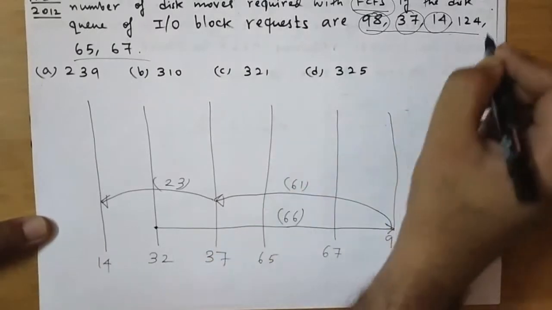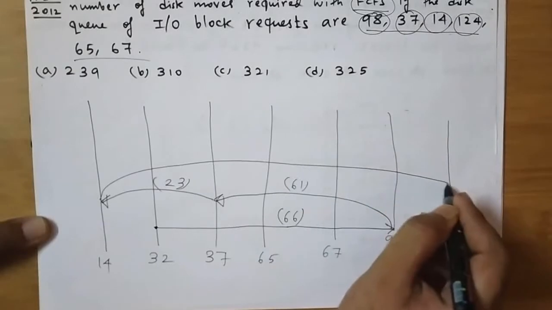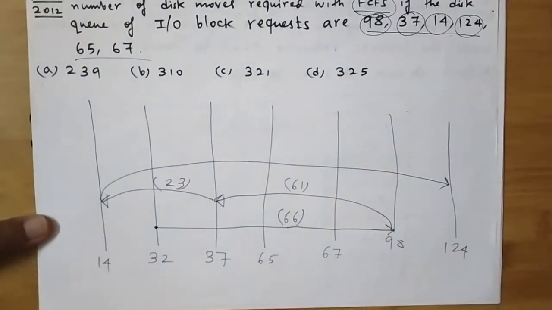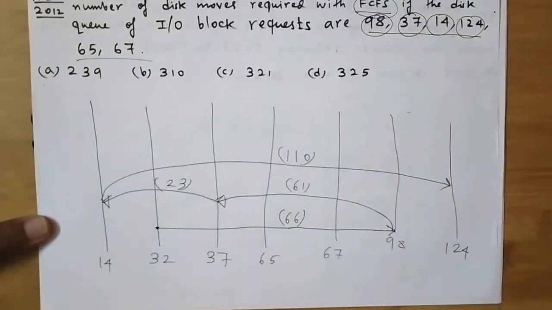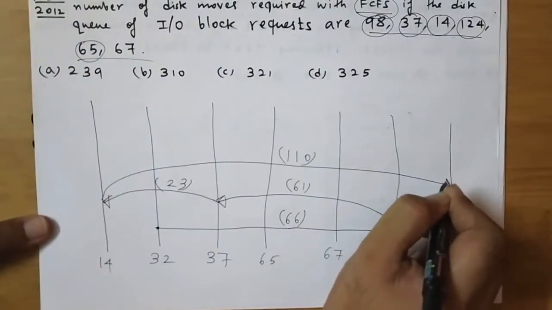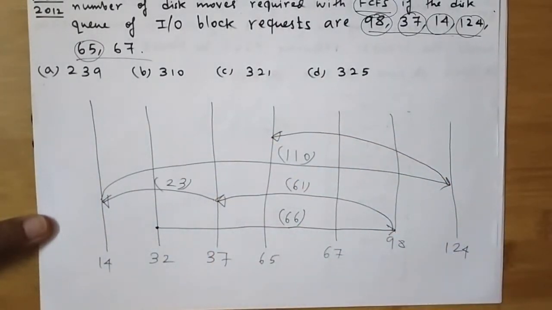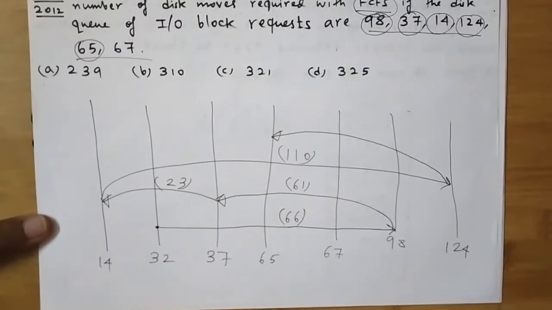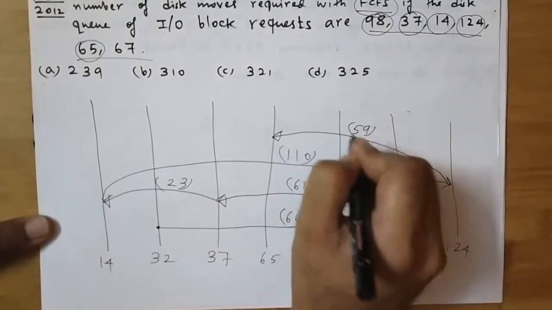After 14 we have 124. So from 14 we have to go all the way to 124, covering 110 blocks, mind you. From 124 we have to go back to 65, which covers 59 blocks.